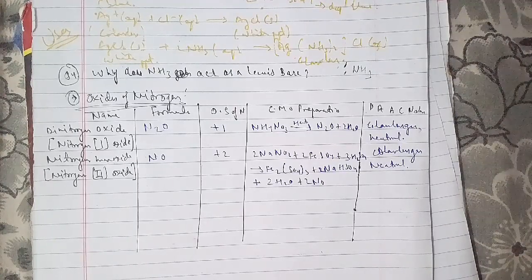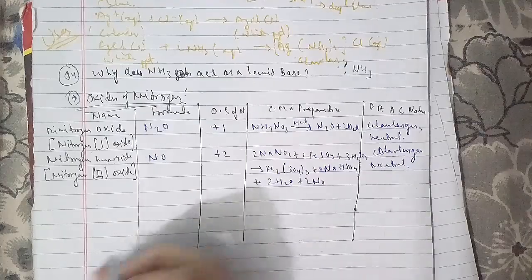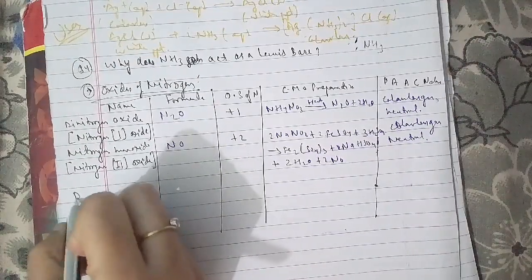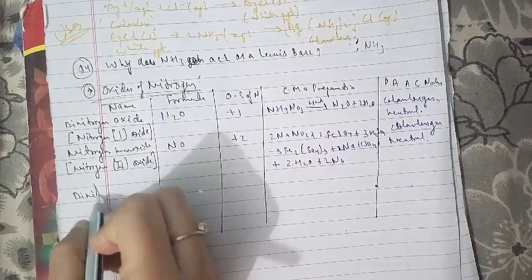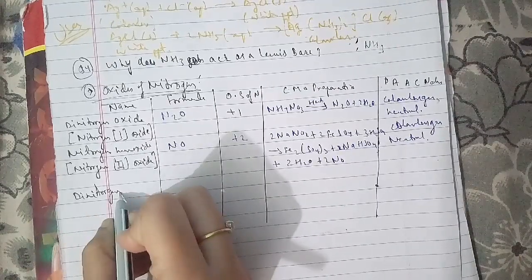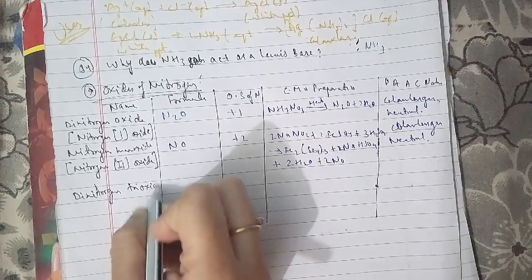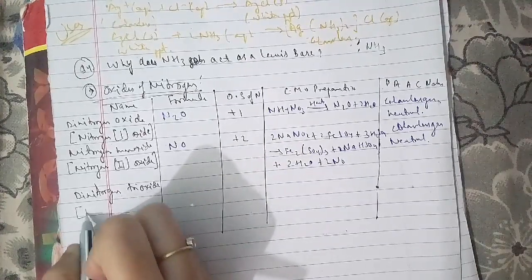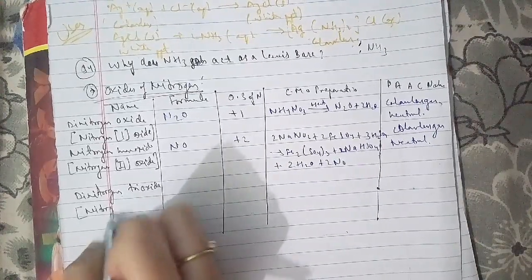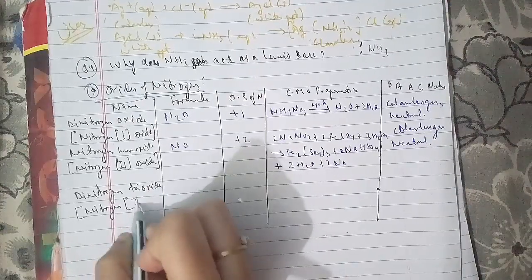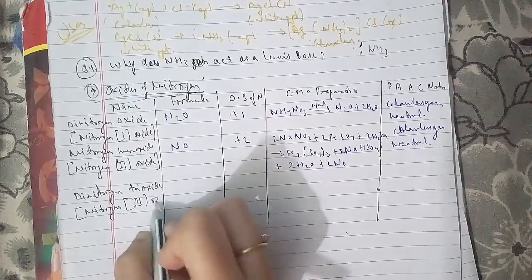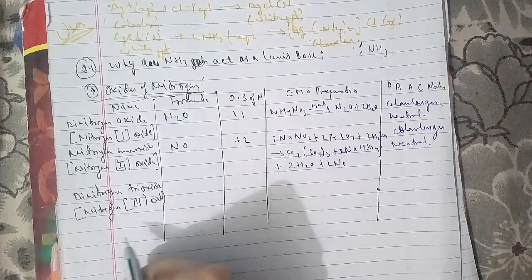Now we'll go ahead with another one, dinitrogen tetroxide, which is also nitrogen 4 oxide.